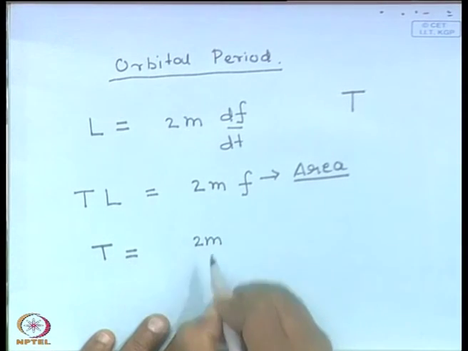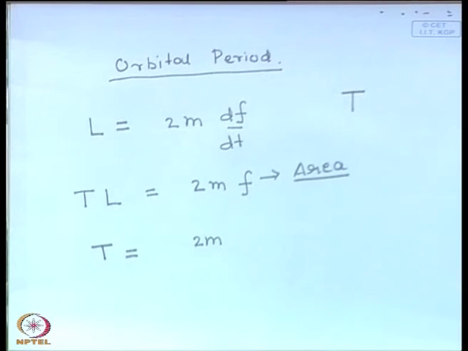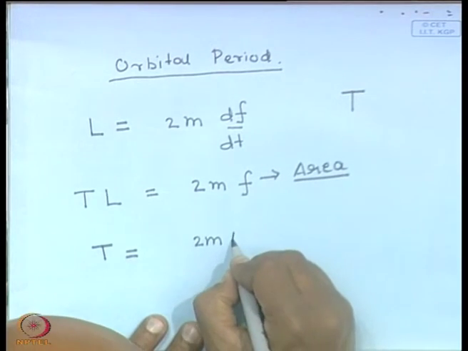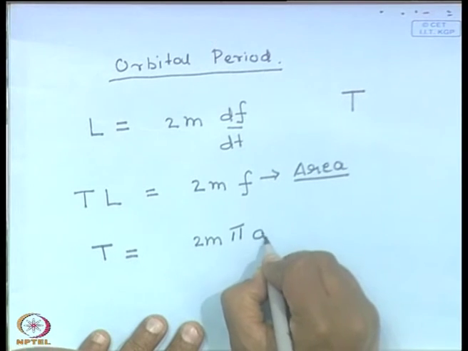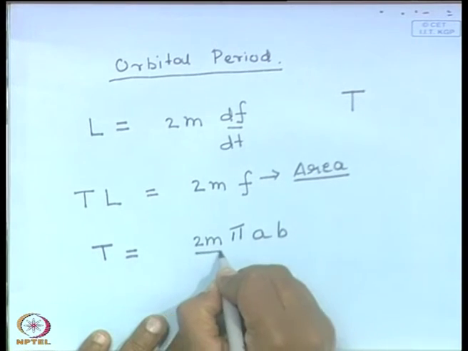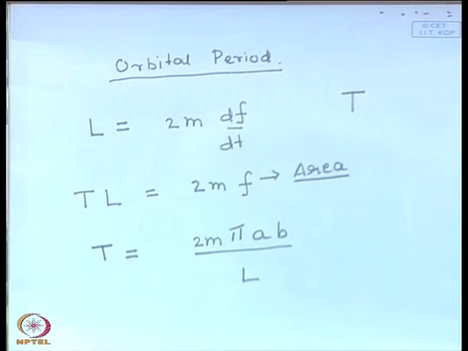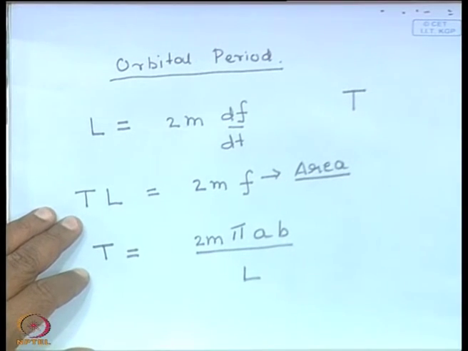So, what we have from this is that the orbital period is equal to 2m. We know what the area of an ellipse is. It is pi into a b. So, it is 2m pi into a into b divided by L. Okay. So, we have worked out the orbital period for this motion. It is 2 pi m a b by L, and we can substitute the values of a and b, and we can determine what this is going to be.